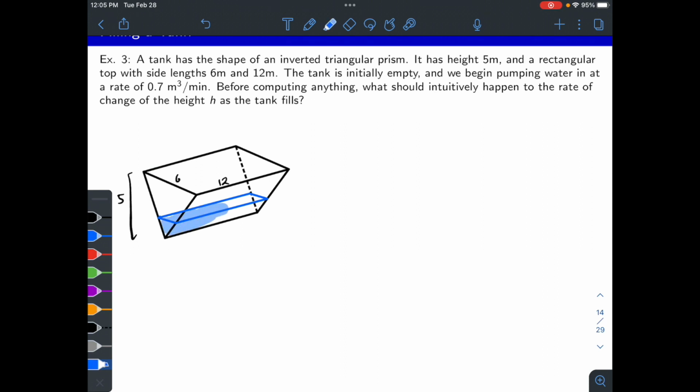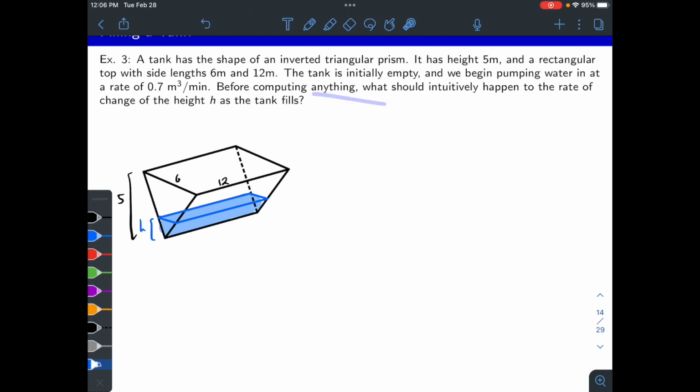And then we're filling it up with water. So this is all full of water. Great. And let's give this a variable, like the height. So there's another triangle, the height of the water in the tank here. So that's going to be that height h.